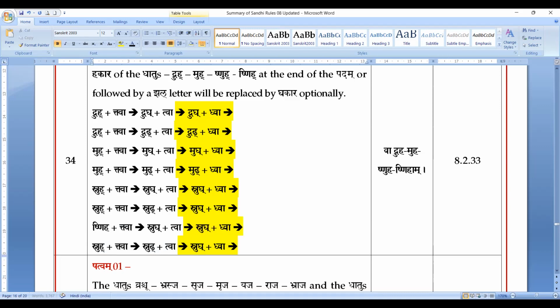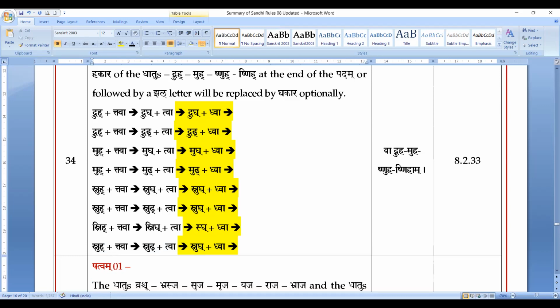What is the derived one, after the anubandha and ordaining? Snig dhatu. From that only snega, the word comes, snigyati, etc. So snig is a dhatu. Hakara can be replaced by gakara optionally. Therefore, you get snigdva.